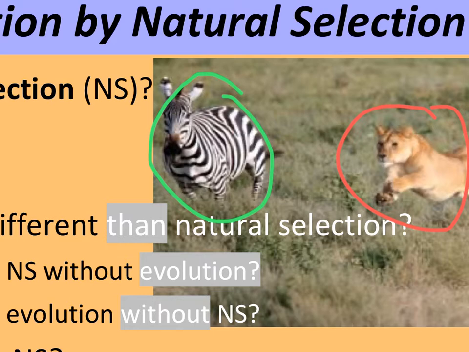Okay, so this is what natural selection does. The environment disfavors certain traits that don't help an organism survive and reproduce, and favors those individuals that have the traits that do, and they leave more offspring.